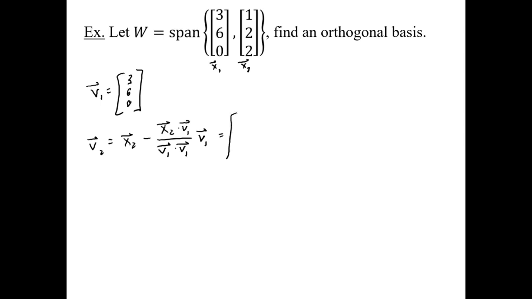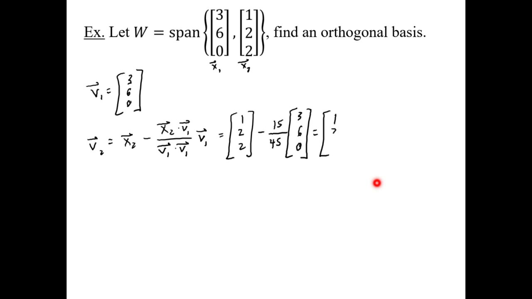So x2 was 1, 2, 2, minus x2.v1, which would be 3 plus 12 plus 0, which is 15. v1.v1 would be 9 plus 36 plus 0, which is 45, times v1, which was 3, 6, 0.